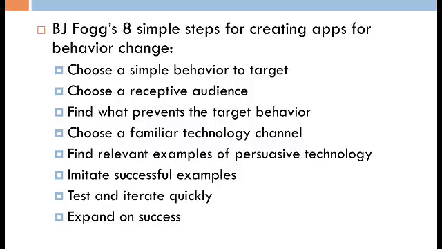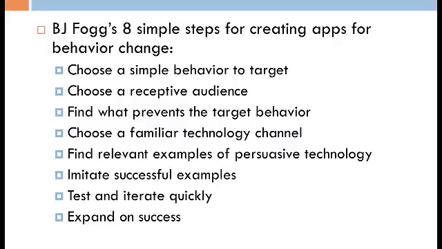Then choose a familiar technology channel. Here in this class, it would be the mobile phone. Then find relevant examples of persuasive technology. What are other people doing in that particular domain that you're interested in? And then imitate those successful examples on the technology channel that you're using, on the mobile phone. How can you use something that someone might have done in a survey study with physicians on a mobile phone, for example?